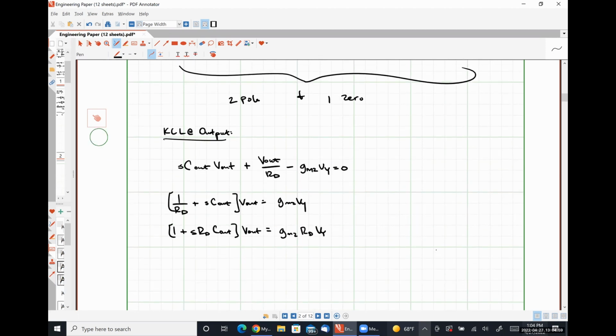And then finally, V out over VY is equal to GM2 RD over 1 plus S RD C out. And that's where our third pole is going to come from.